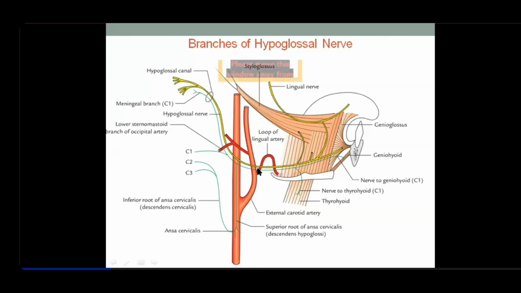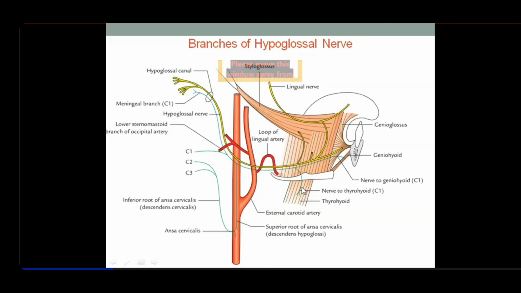Look here, these fibers from C1, along with the hypoglossal nerve, will convey and supply two muscles, geniohyoid and thyrohyoid.